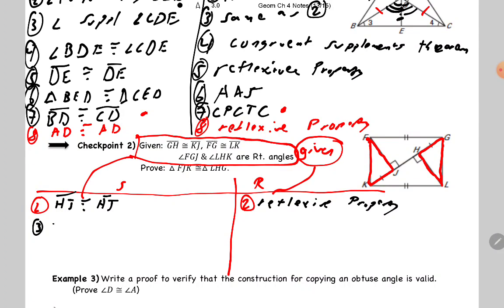HK is congruent to JG. And that's through segment addition. They're both adding the same thing. So think of the two red lines here, KJ and HG. If they both add the black line, then they're the same.